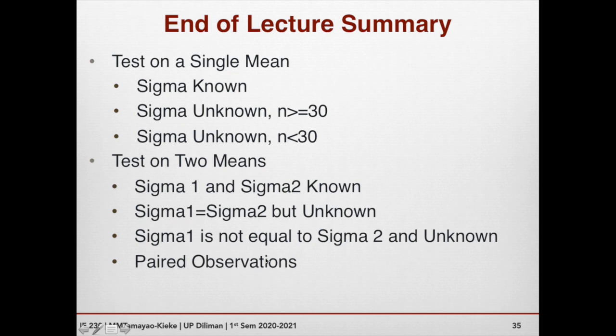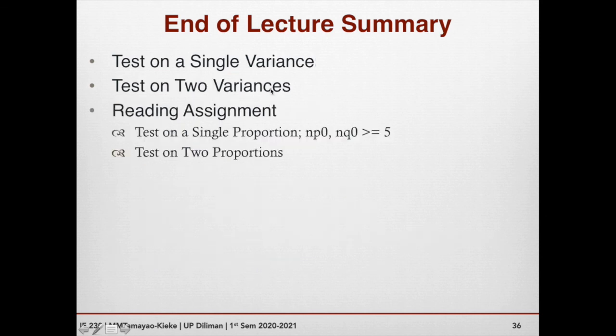And then, of course, you have your paired observations. We also talked about the test on a single variance or on two variances. And of course, your reading assignment, test on a single proportion and test on two proportions.